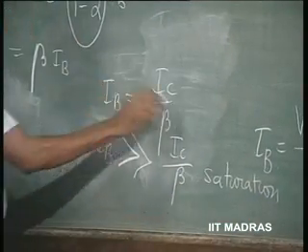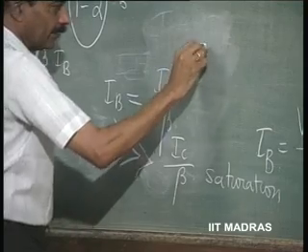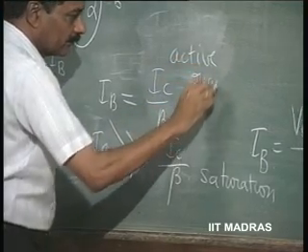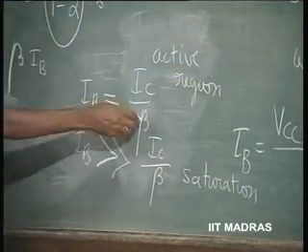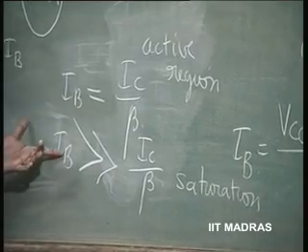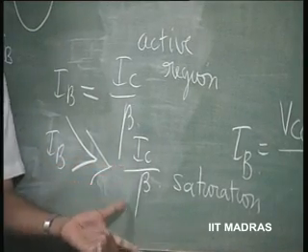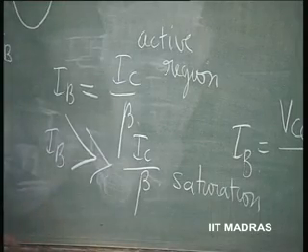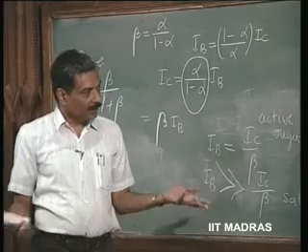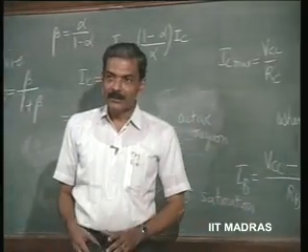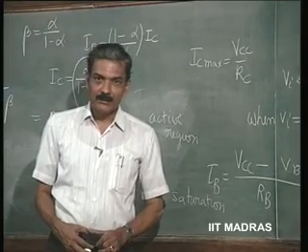That means, in this case the transistor is in active region, because transistor action still takes place. But if IB is much greater than IC by beta, transistor action does not take place. Why? That is because both junctions are getting forward biased.